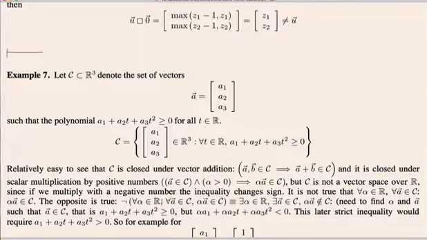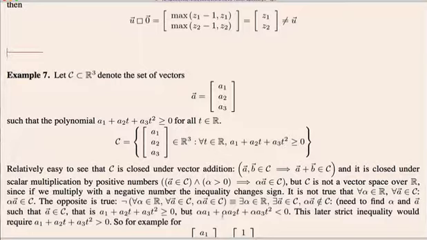If we negate this statement with these universal quantifiers, then this is equivalent to saying that there is an alpha real number and there is an a vector from C such that alpha times a is not in this set C. That means we need to find alpha and a vectors such that a is in C. That means a1 plus a2t plus a3t squared is greater than or equal to 0. But when you multiply it with alpha, that means you get alpha times a1 plus alpha times a2t plus alpha times a3t squared. We get less than 0.